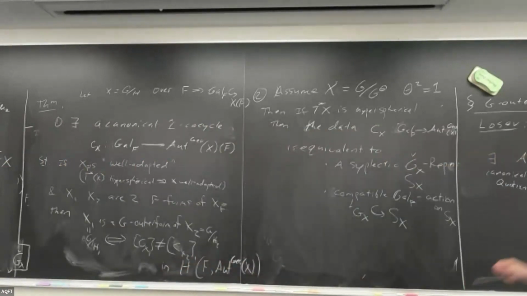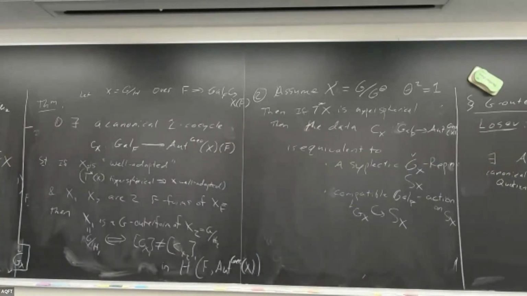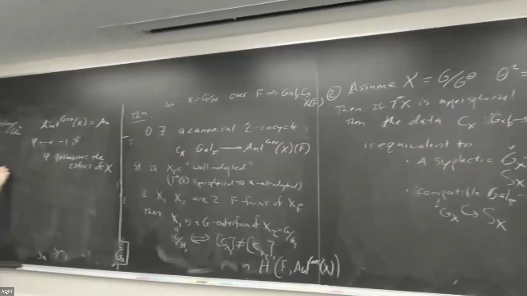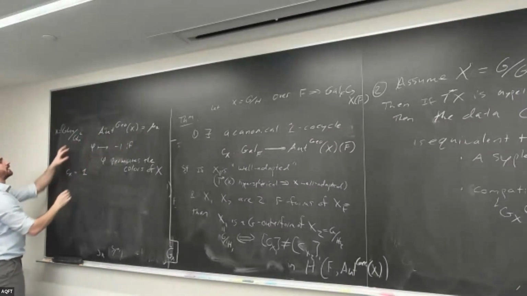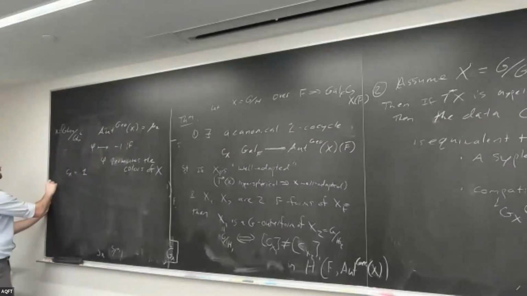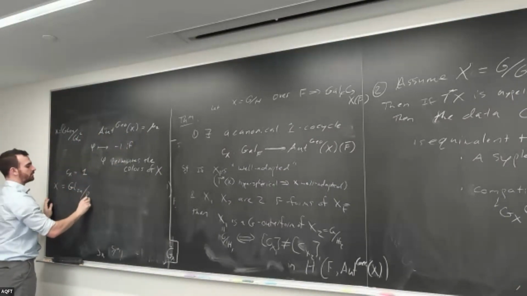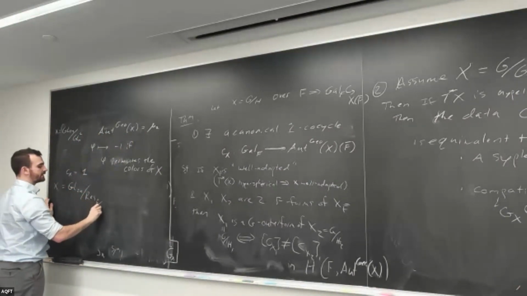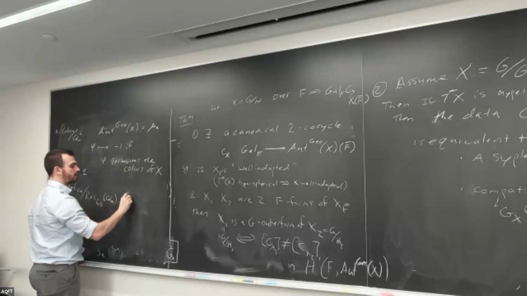So in this example that I've erased, for this one, the cocycle, this group is just mu2. This cocycle is trivial. The Galois acts trivially here. And then in this twisted case, you can probably guess what it's going to be.